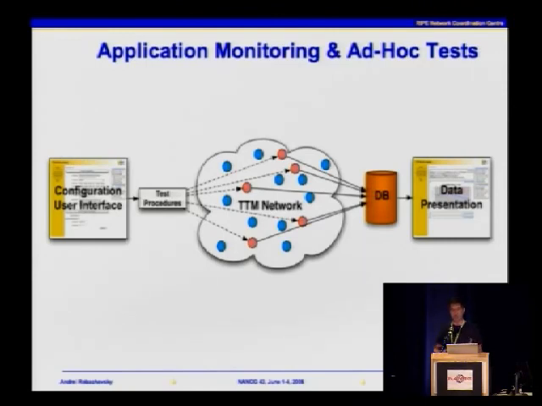And the idea is pretty simple. It allows you to define a plugin or a test procedure using a user configuration interface, deploy this test procedure in the TTM network, do the measurements, collect them, and present them in a way you want them to be. And a practical example, for instance, it allows you to measure a web application, how it's seen from the TTM network.